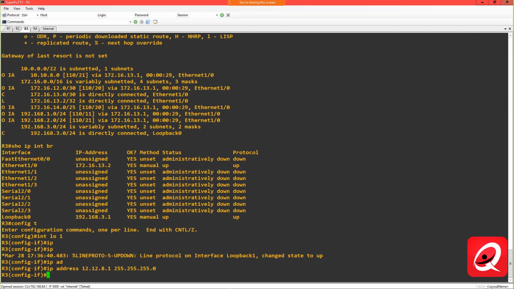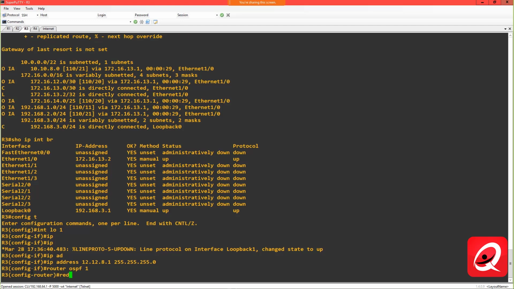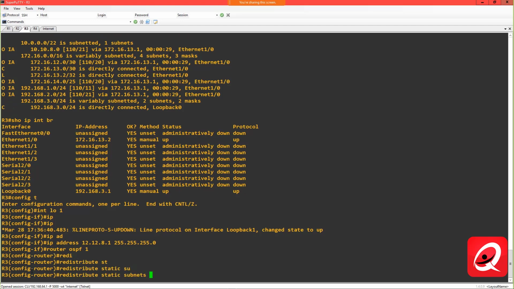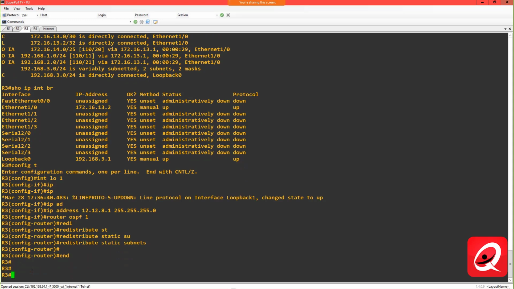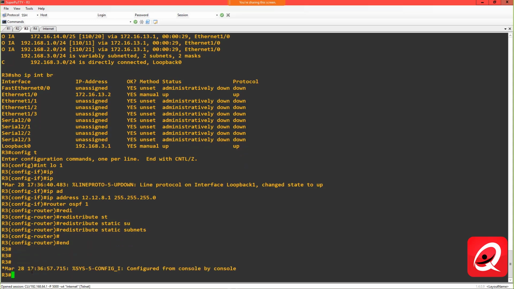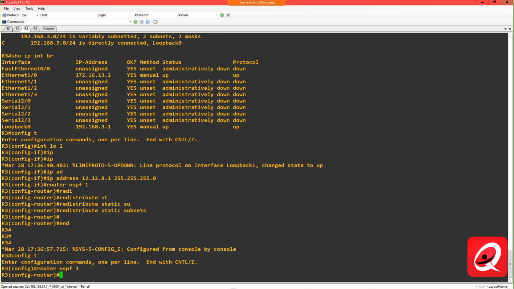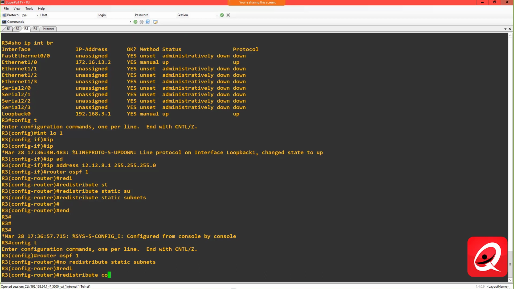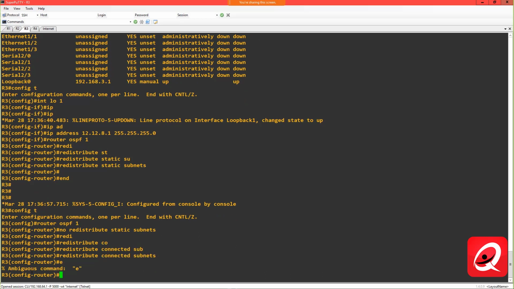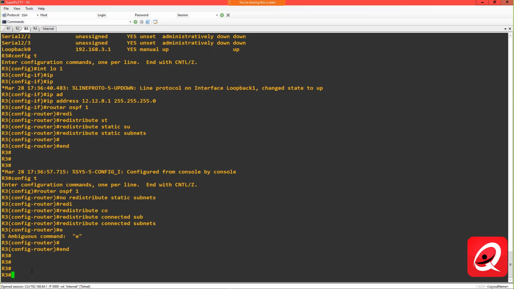And I'm going to go into router OSPF and do redistribute static subnets. So I'm just sending that route in, redistribute static, dang it. Router OSPF 1, no redistribute static, redistribute connected subnets. So I'm sending in that loopback now into OSPF.